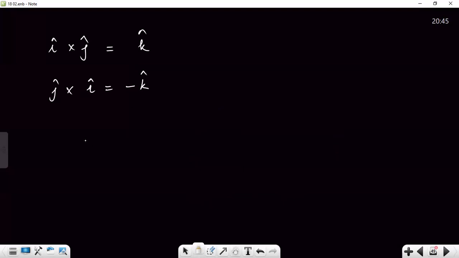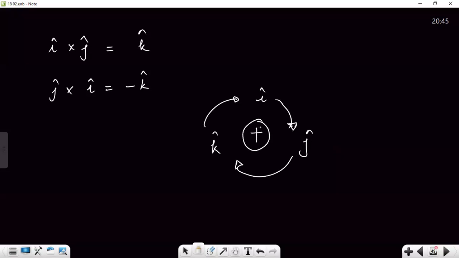Now there is a pattern to remember it. So there's this trick. You write i, j, k in a clockwise manner, and depict the clock. If you do the cross multiplication in the clockwise manner, then the resultant will be positive. i cross j will be positive k. j cross k will be positive i.